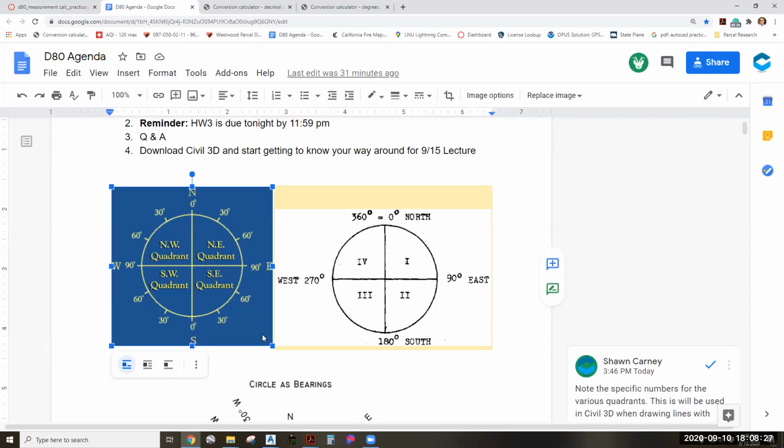But that compass is in relation to annotations with just north, south, east, and west. We don't have any numbers involved. It's always in that format. North is always up, south is always down, east is to the right, and west is to the left.